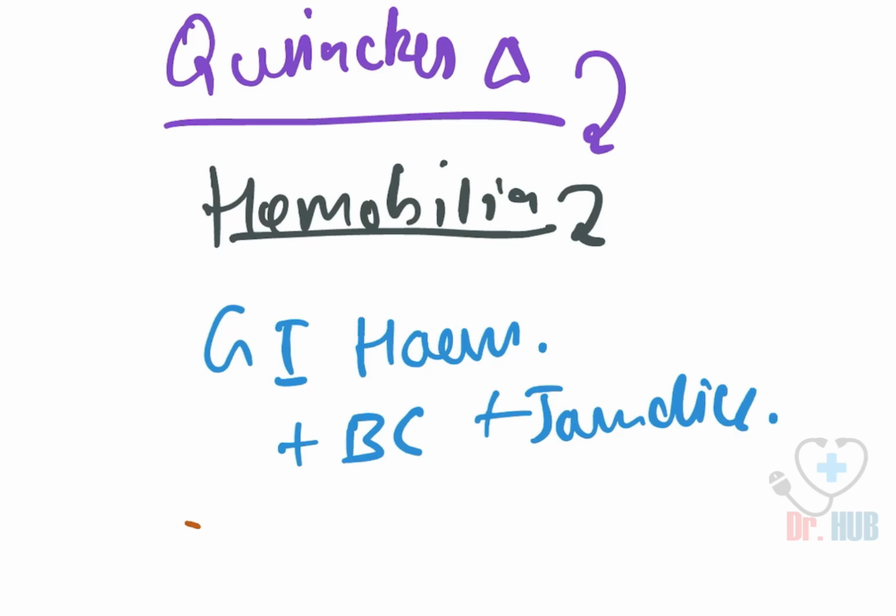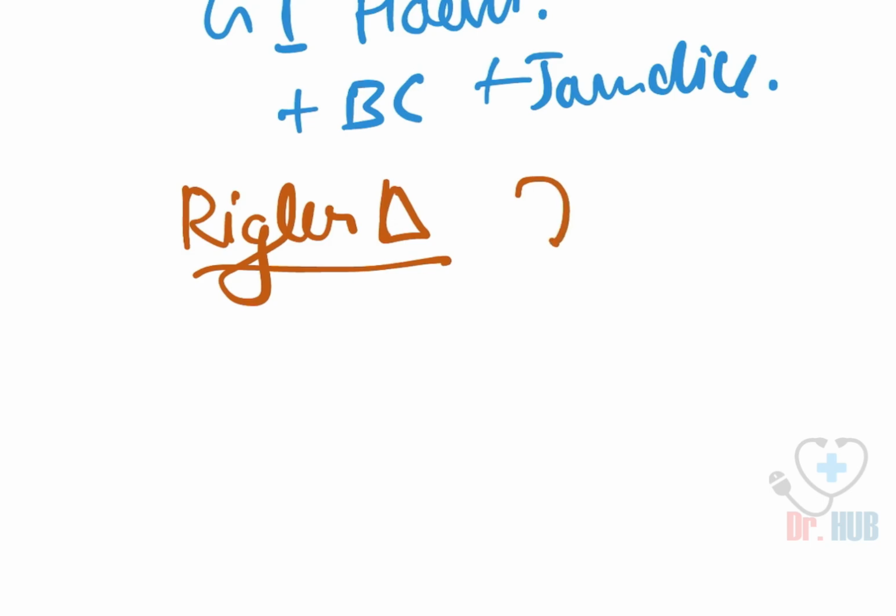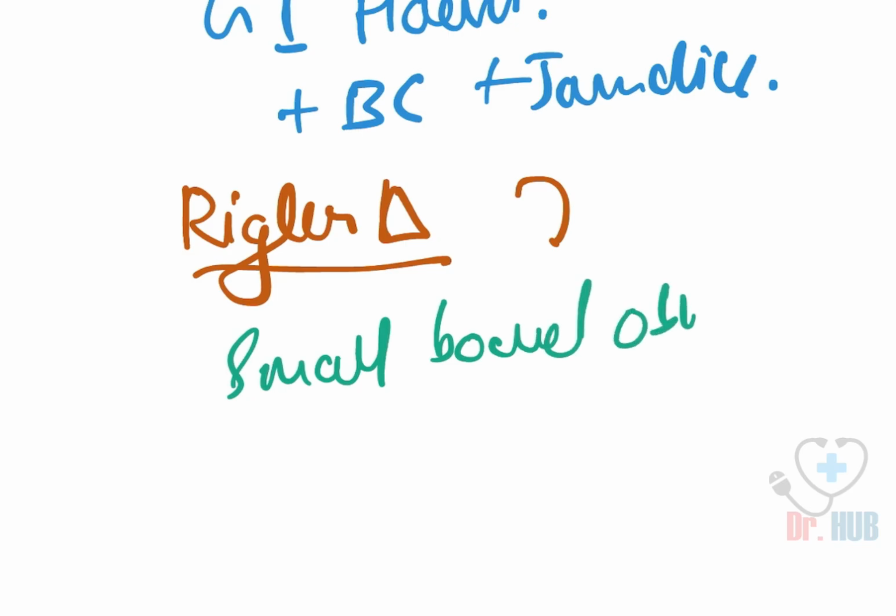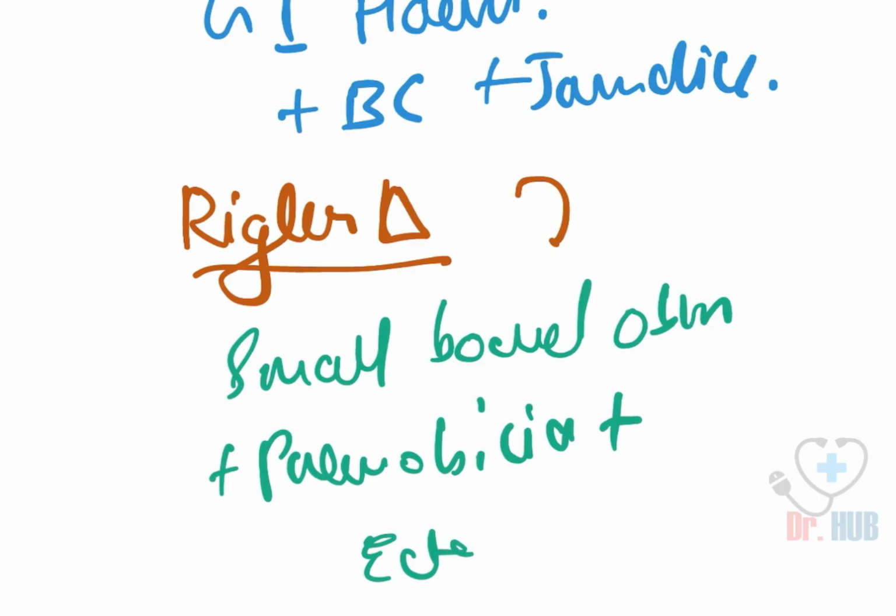Next, we look at the Rigler's triad. So in Rigler's triad, there is a small bowel obstruction and there is pneumobilia as well as ectopic gallstone.